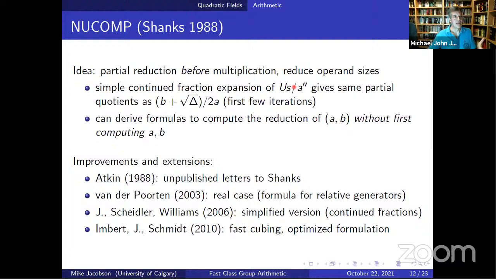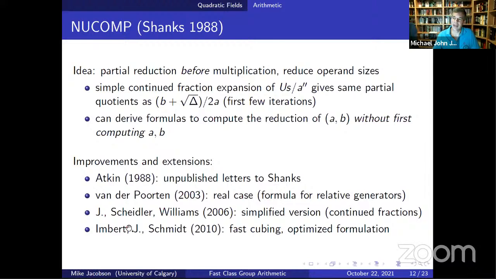And then Shanks's brilliance in this was to figure out, well, if I know what those steps are, he came up with formulas to then figure out what the reduced ideal (A, B) looks like just by knowing those partial quotients and these intermediate values. And so that's how you do it. So you don't do the full multiplication and get the big coefficients. You use partial reduction first and use these fancy formulas to get your answer, and you can avoid most reduction.